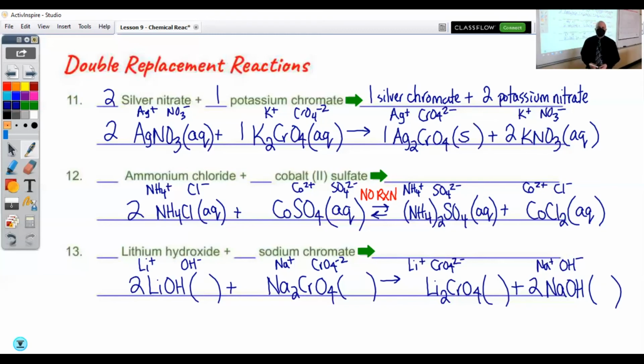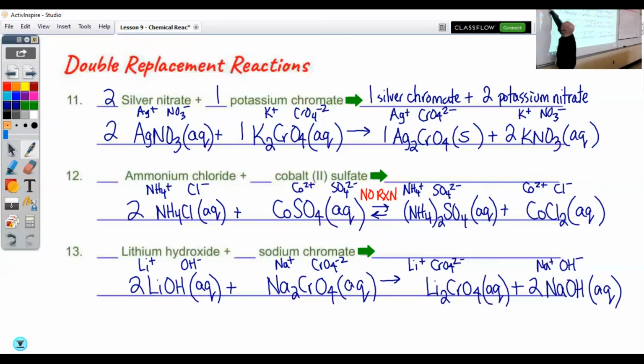States of matter. Lithium and sodium are both group 1 elements. So that means anywhere I see a lithium, I can write AQ. Anywhere I see a sodium, I can write AQ. Now, some of you might recall, but wait, there's a rule for chromates.